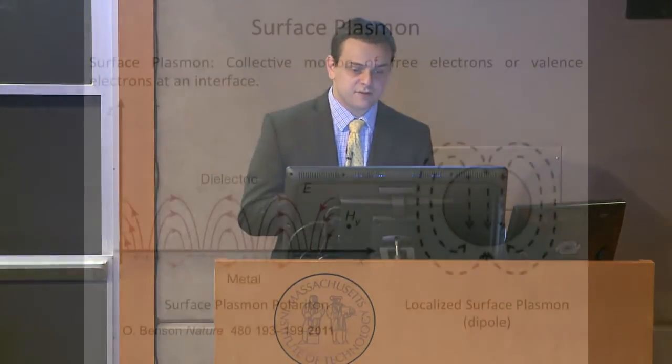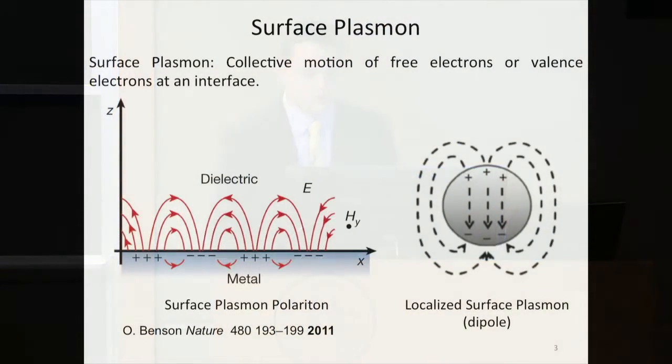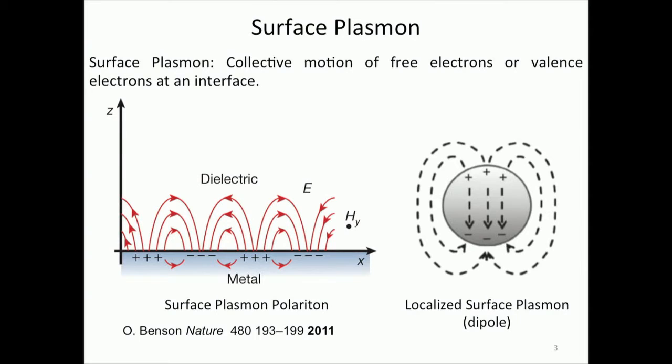Basically, a surface plasmon is a collective motion of free electrons or valence electrons at an interface. Here on the left, we have a surface plasmon polariton, which is a propagating wave, say from left to right here, a polarization wave going along the interface.